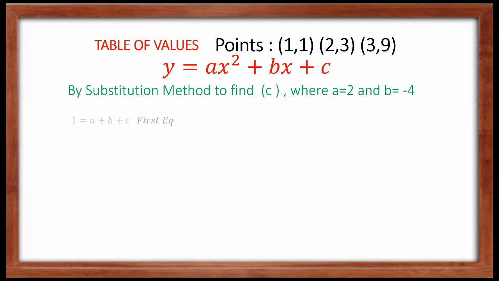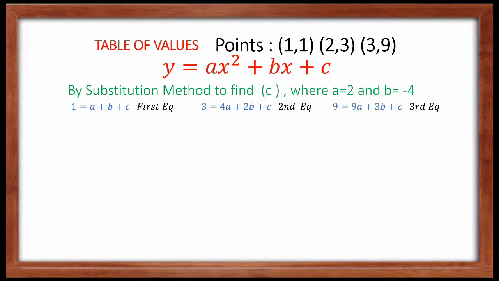What are those? First equation, 1 equals a plus b plus c. Second equation, we have 3 equals 4a plus 2b plus c. And the third equation, 9 equals 9a plus 3b plus c. Pili tayo ng isa, kahit isa lang, basta makuha natin ang value ng c. Okay?